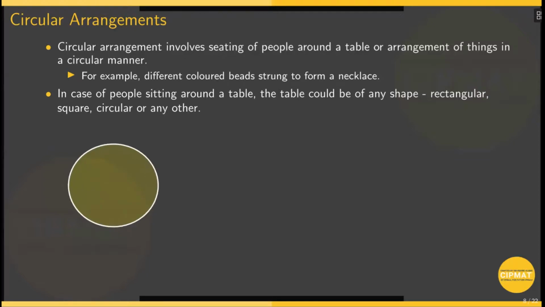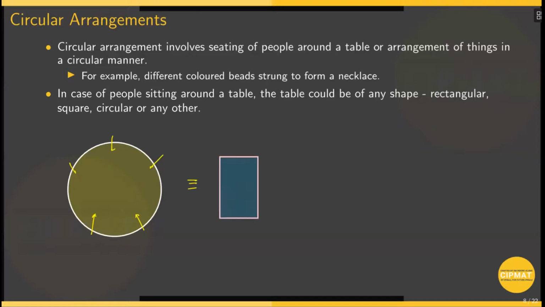So whenever I say that some people are sitting in this manner, let's say 1, 2, 3, 4 and 5, suppose 5 people are sitting in this way, this is equivalent to this particular table arrangement. Suppose there is a rectangle in this manner, and in this rectangle, let's say 1, 2, 3, 4, and 5, there are 5 people sitting in this manner, all facing towards the center of the table.